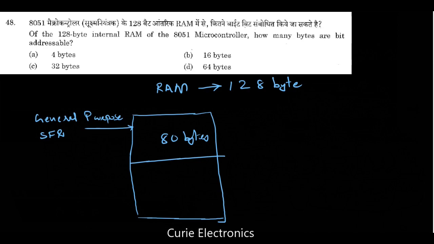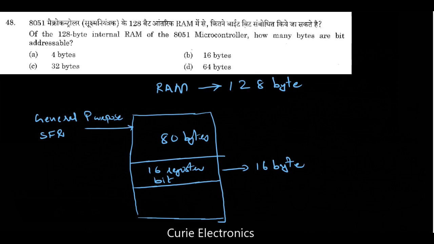And now another 16 registers are bit addressable. 16 registers means how many bytes? The 8051 is an 8-bit microcontroller, so each register is 8 bits, so it is 16 bytes of bit addressable memory.